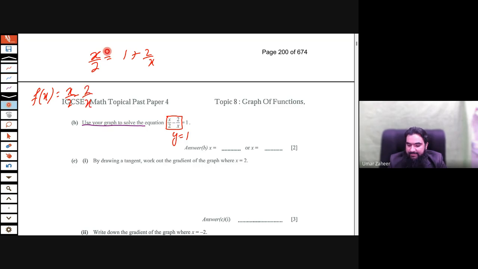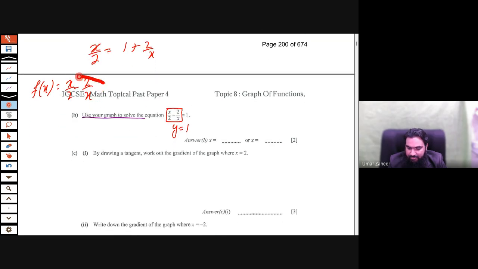You will subtract 2 over x on both sides to make this shape. Because we have the graph of this shape, the left hand side or the right hand side must be equal to that function. If it is given directly, that's good. If it is not given, you need to make that shape using basic algebraic operations.